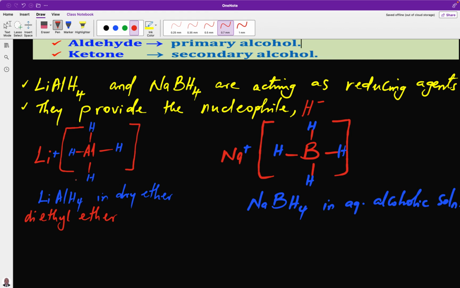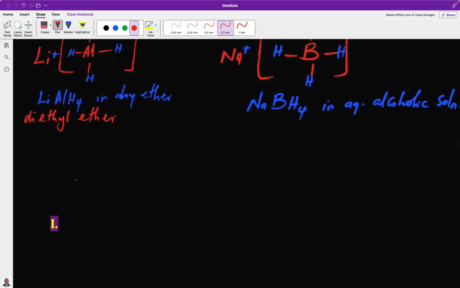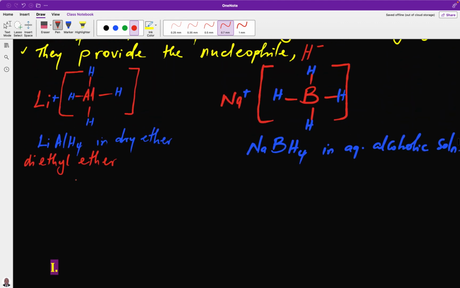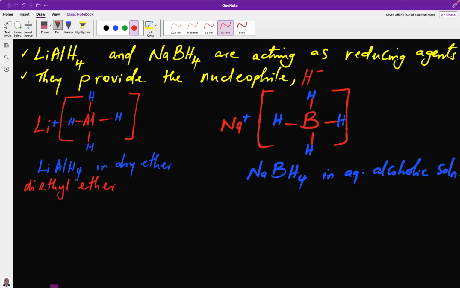So now, in this preparation, you can either warm the aldehyde or the ketone with any of these reducing agents. We want to start with reducing the aldehyde to primary alcohol.